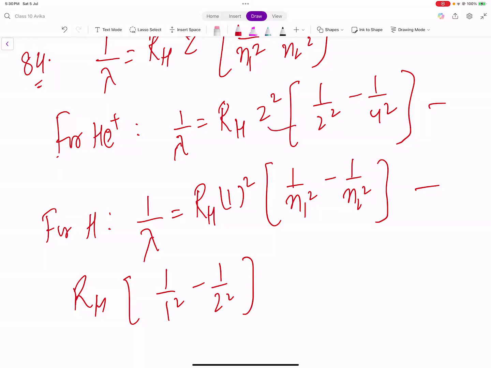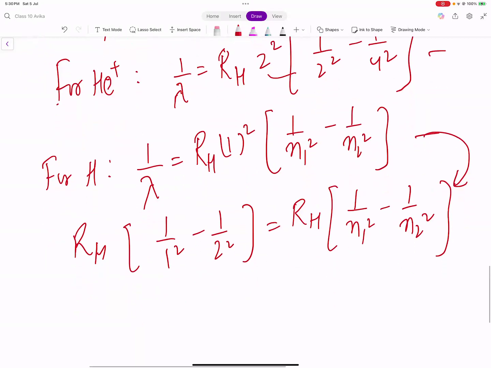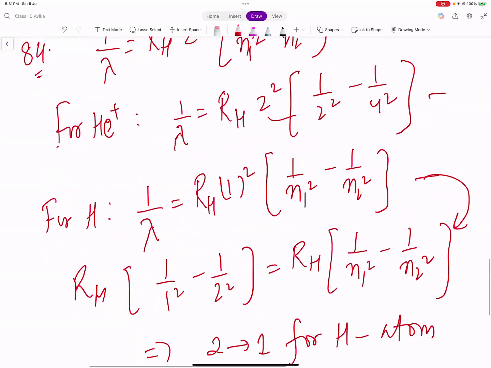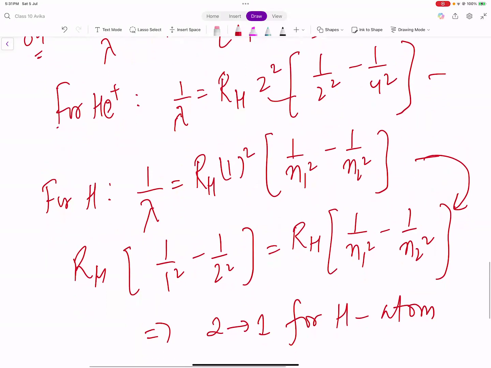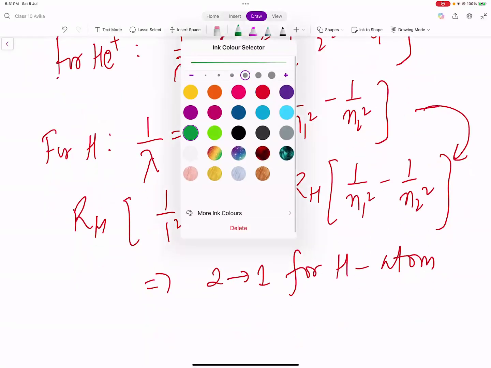And this should be equal to 1 by N1 square minus 1 by N2 square. It implies the transition is from 2 to 1 for the H atom, right? Got it? You can do it like this, or we can do it like this.